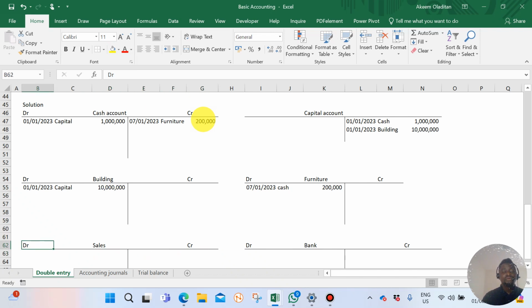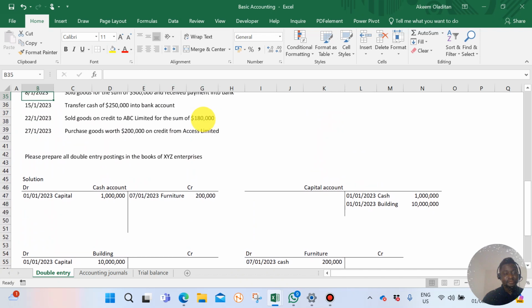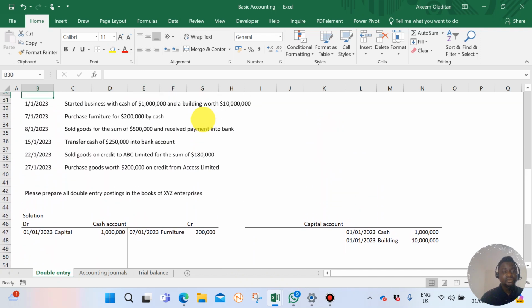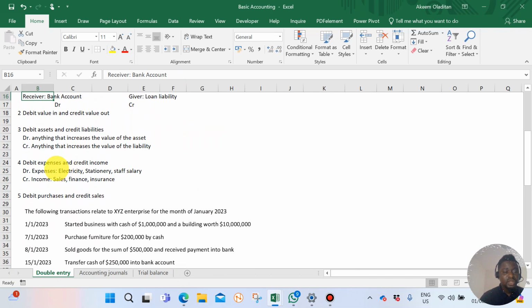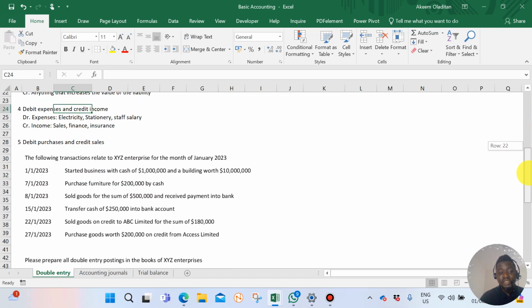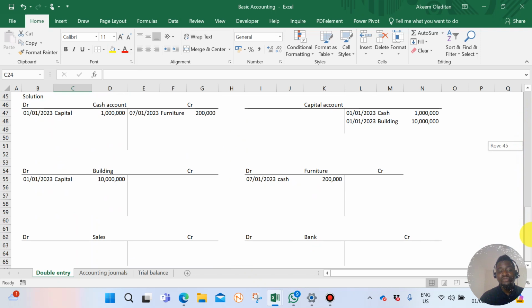The rule says we debit expenses and credit income, and our sales here is an income, so it means we have to credit the sales account.